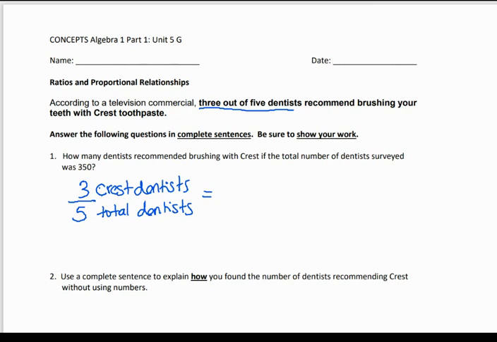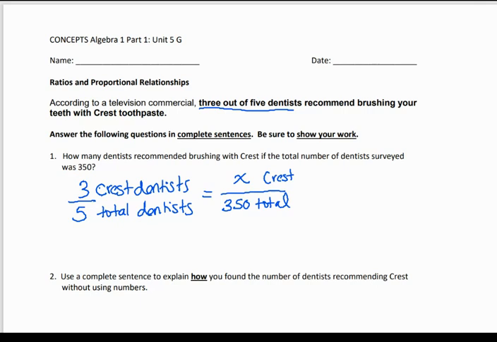Okay? Now for this problem, we have 3 Crests out of 5 total, and it's saying how many recommend Crest if the total is 350. So tell me, where does that 350 go? Bottom. Bottom, right, because it's saying 350 total, and we're looking for Crest, so X or N, whatever variable you want, is going to be up top.